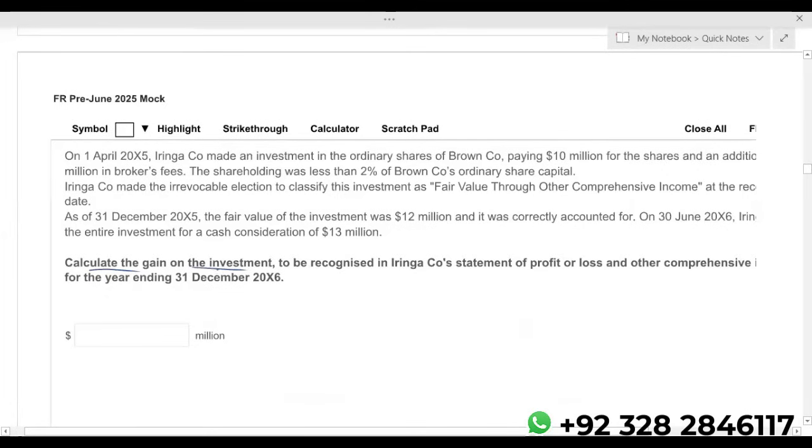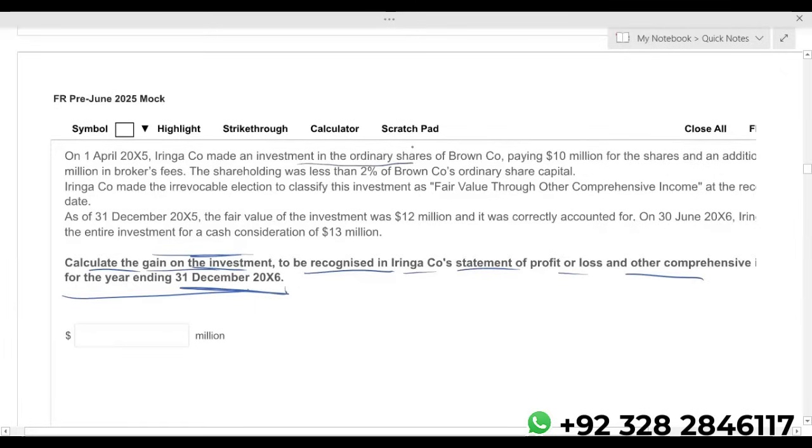Calculate the gain on investment to be recognized in Iringa Company's statement of P&L and OCI. They are asking you the amount, not where to take that. On 1st April X5, Iringa Company made an investment in ordinary shares.